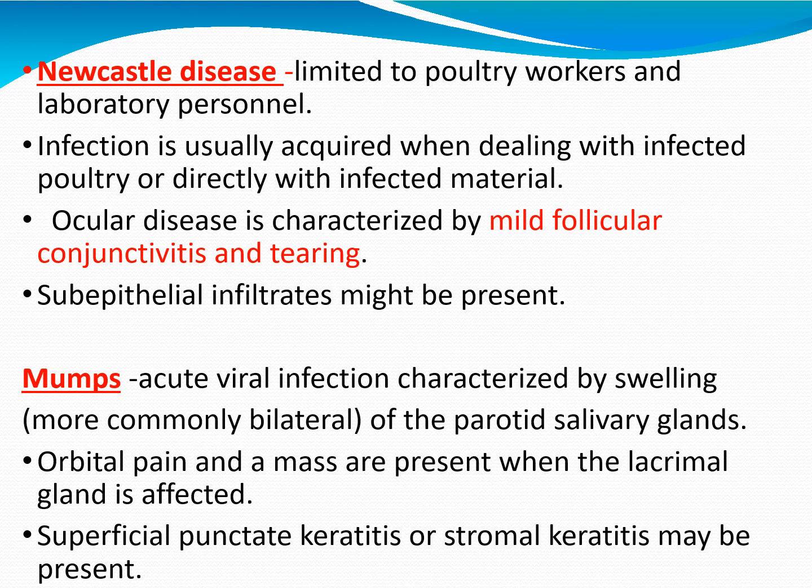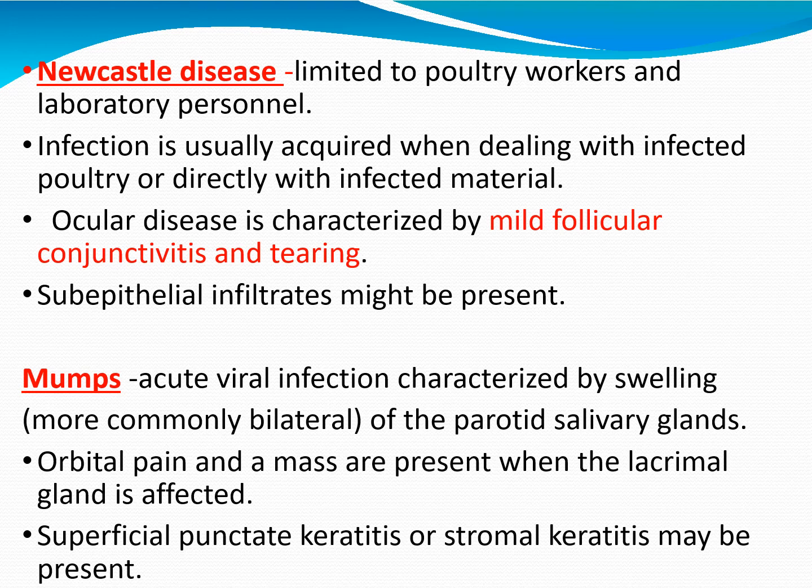The two other diseases which come under the same group are Newcastle disease and mumps. Newcastle disease is limited to poultry workers and laboratory personnel. Infection is acquired when the patient is dealing with infected poultry or directly with infected material.